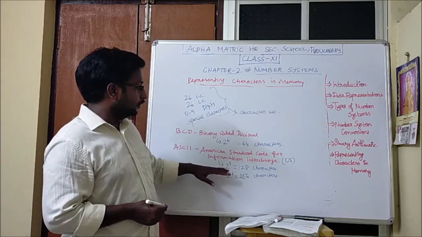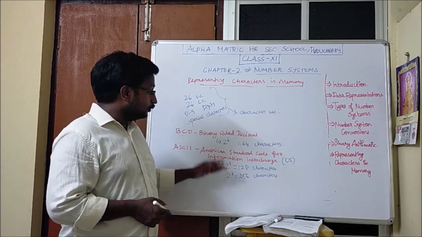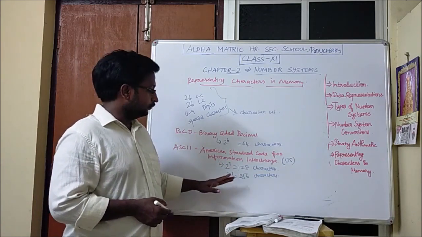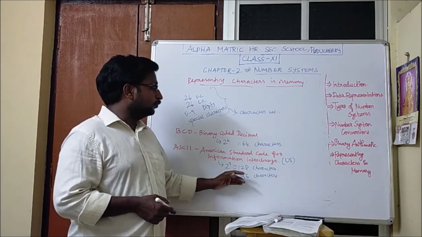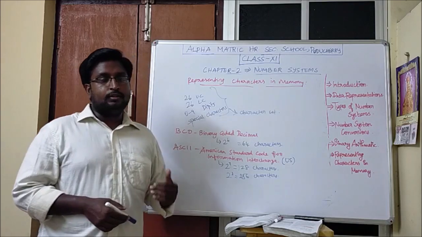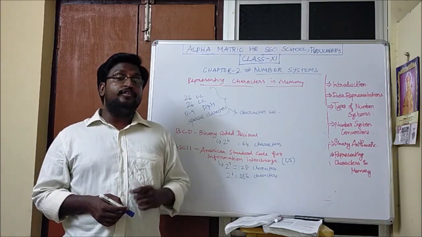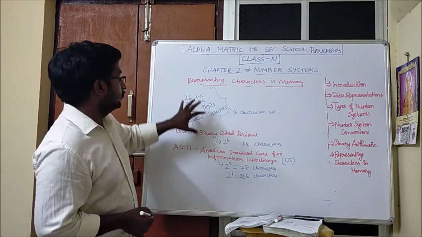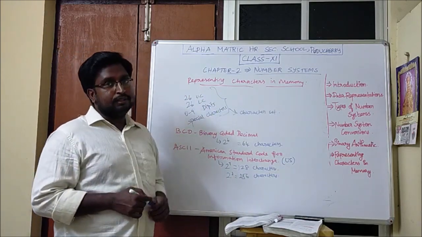It can encode 2 power 7, that is 128 characters, and in the latest version it can encode 2 power 8, that is 256 unique characters at a time. So each will have a unique number.